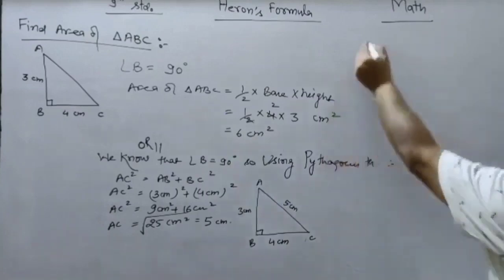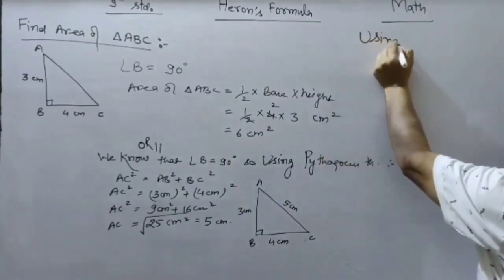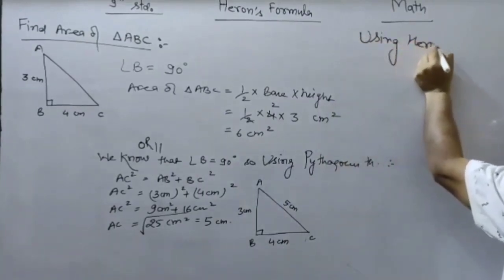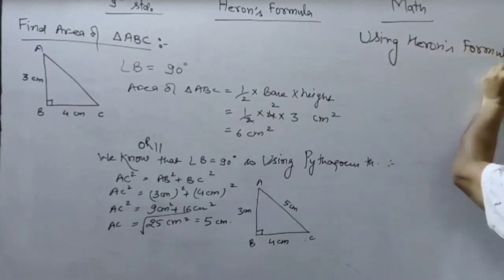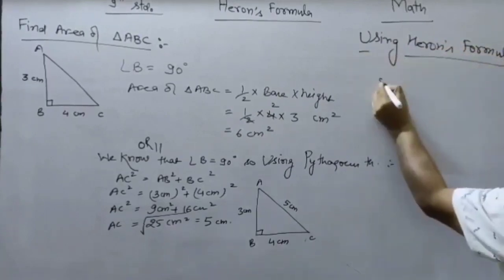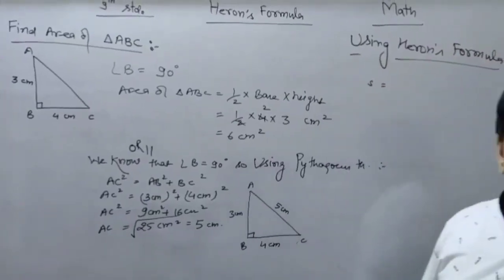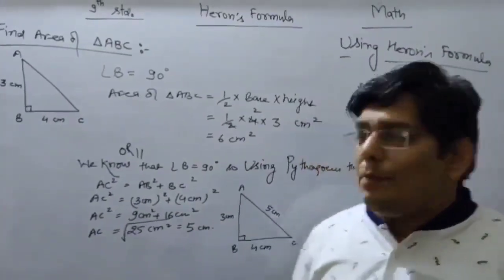So using Heron's formula, first of all we should calculate S. What is the meaning of S? I told you, semi-perimeter.